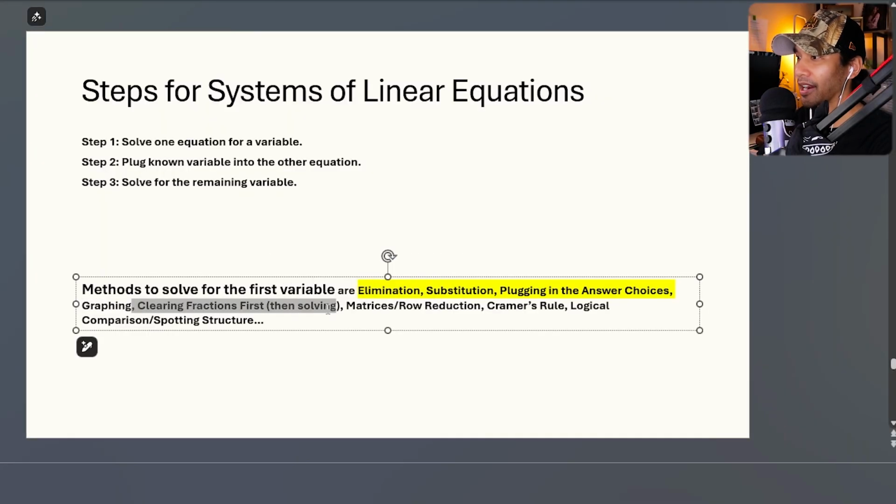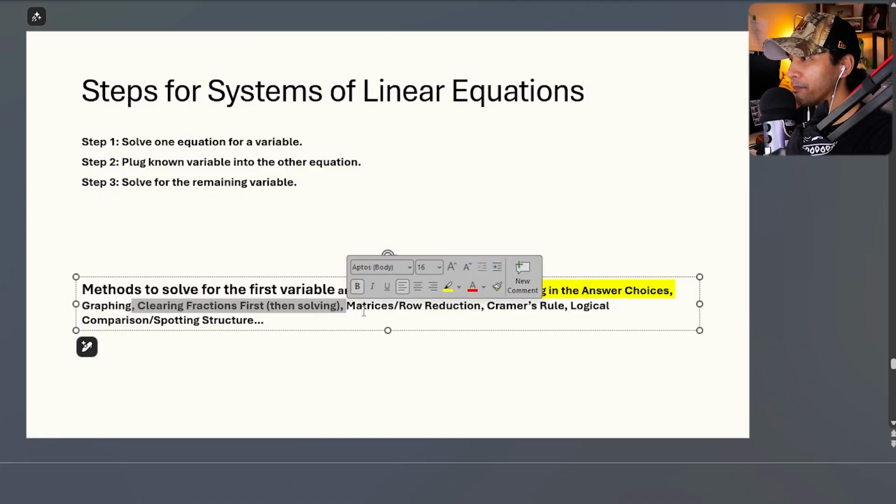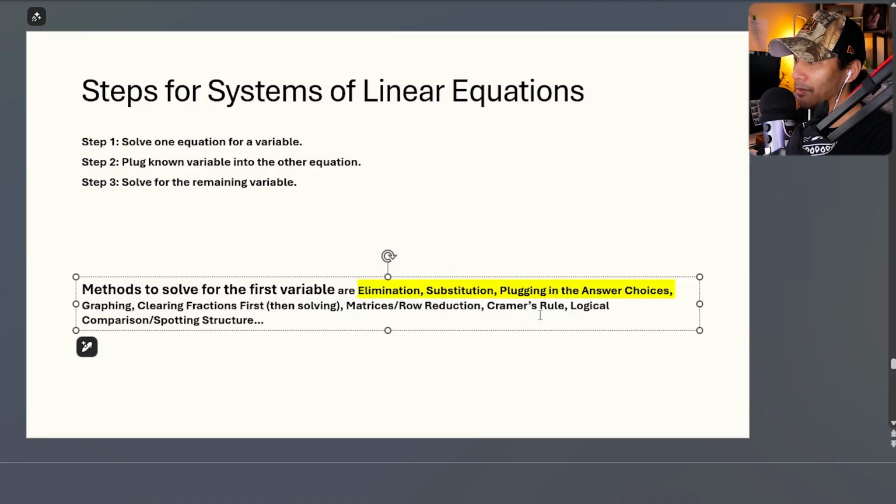We'll do clearing fractions because I did add it, but that's not really a method. Matrices, row reduction, Cramer's rule, logical comparison, spotting structure, etc. We're not going to go over those ones. We're going to go over the first 3 and clearing fractions, but again, that's not really a method. That is just something you will need to do.